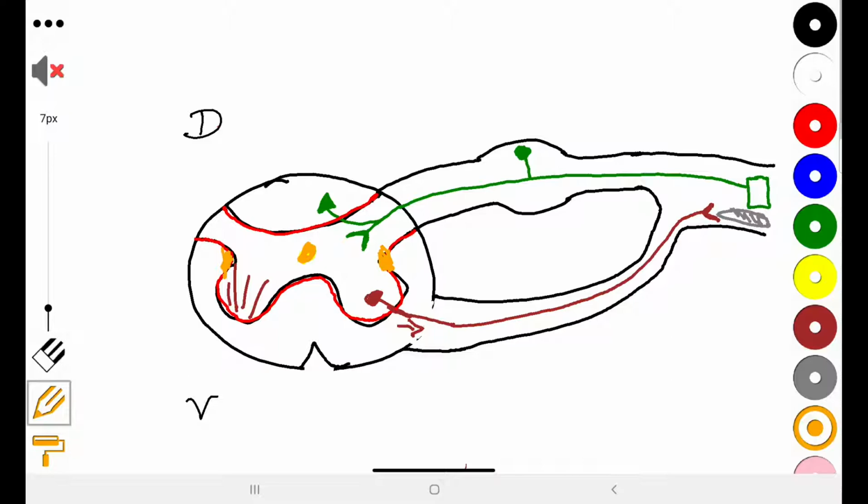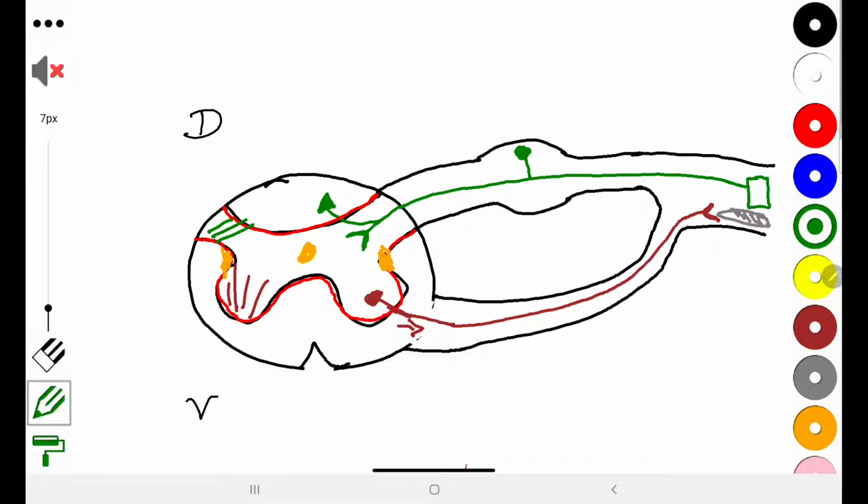Aside from the ventral horns and the lateral horns, there are other functional anatomies I would like you to know. We also have, of course, the dorsal horns, these horns at the back.